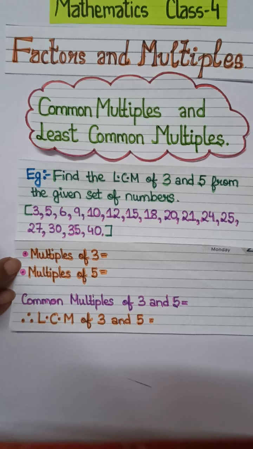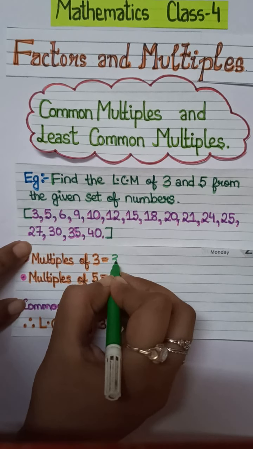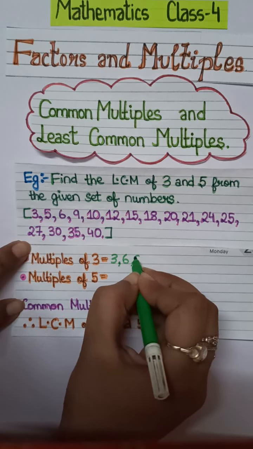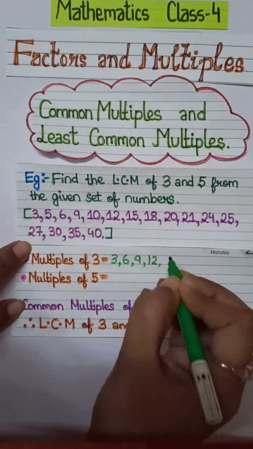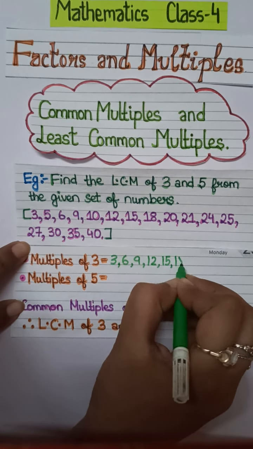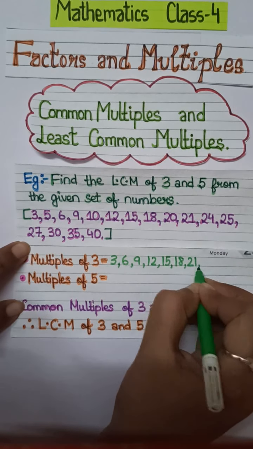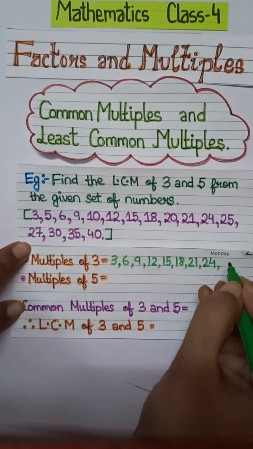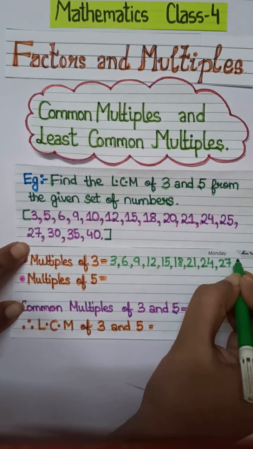They are 3, 6, 9, 12, 15, 18, 21, 24, 27, 30.